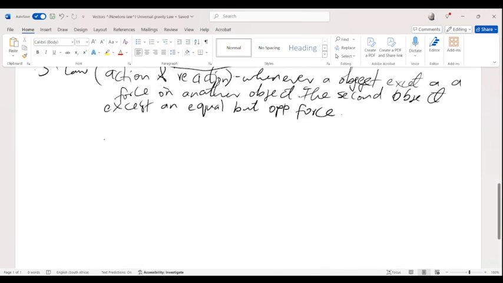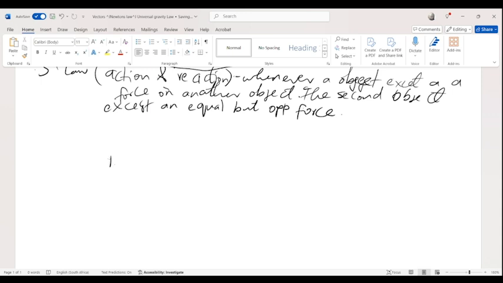Now the resultant force is the net of all the forces acting on an object. There must be forces acting on an object.